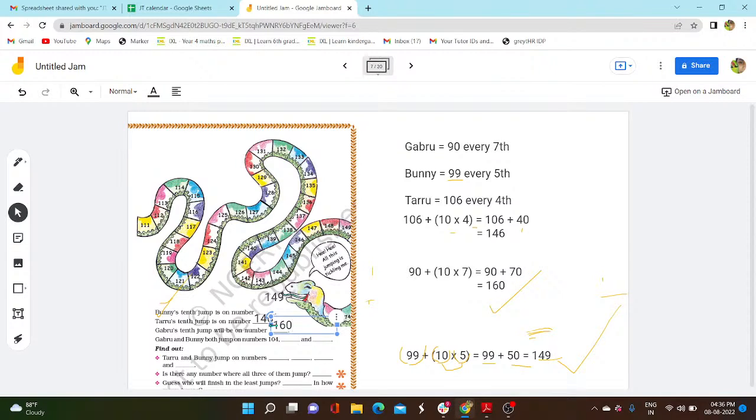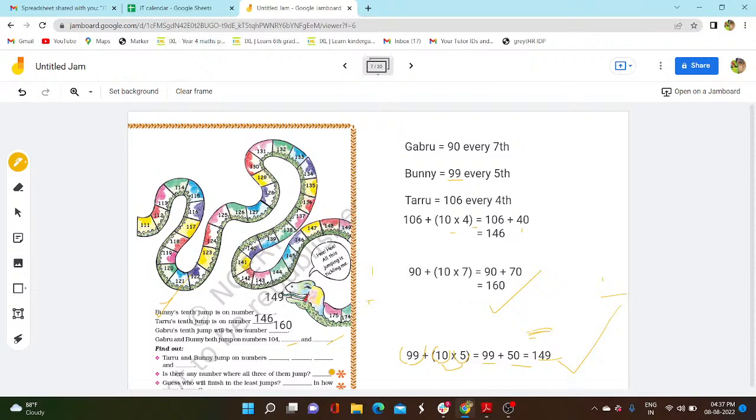Okay, now let's move on to the next question. Gabru and Bunny both jump on numbers 104 dash and dash. Now we have to find any two more numbers on which both Gabru and Bunny will jump. So for that we'll have to calculate the count of Gabru and Bunny. How can we do that?